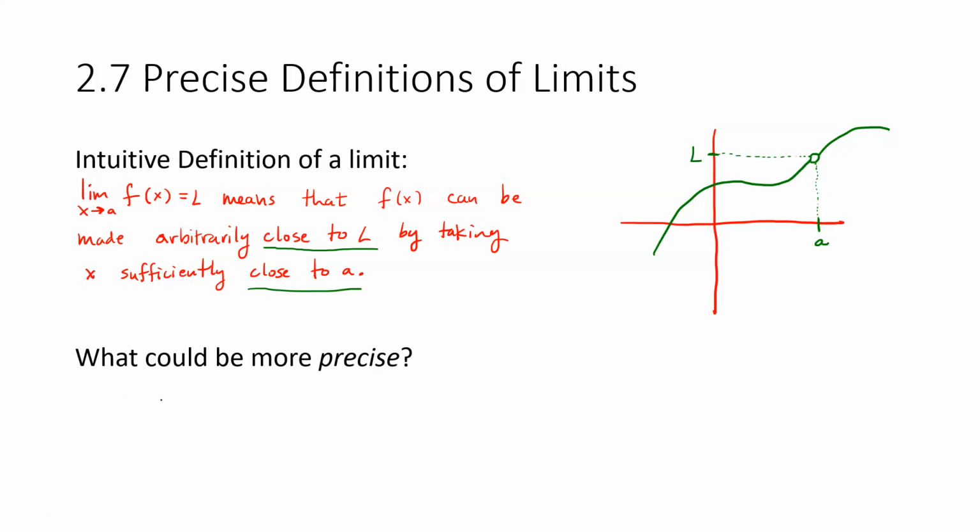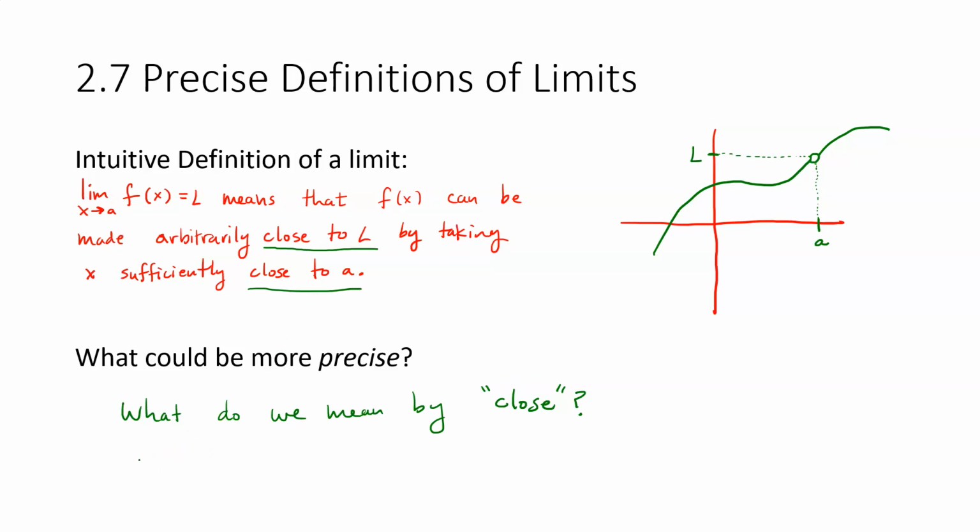So that's going to be essentially the goal of this section, to be a little bit more precise about what we mean when we say close to L or close to A. And so we'll have to use some more technical language to be a little bit more precise by what we mean when we say f of x can be made arbitrarily close to L, or x is sufficiently close to A. We have a notion of closeness that in this case will rely on thinking about the distance between those two values.